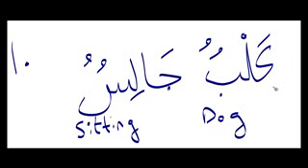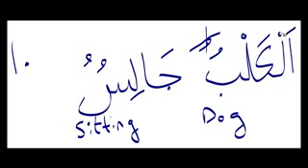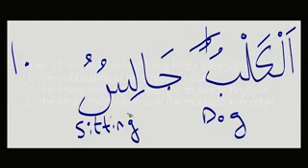Because the mubtada, the first word in the sentence, is not a proper noun. And so what you have to do, just like we did in the beginning, is we add the alif lam. And once we add the alif lam, kalbun becomes al-kalbu, and we remove one of these dhammas. And so the meaning of this sentence becomes the dog is sitting instead of just a sitting dog.